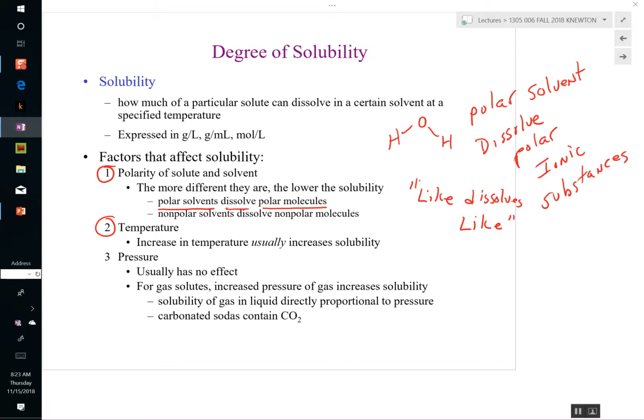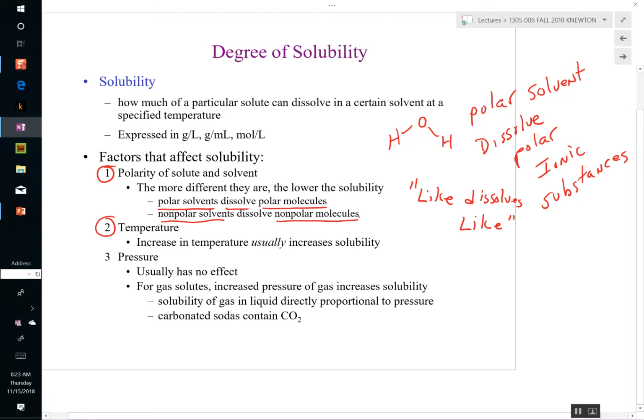Oil and gasoline will mix. Why? They're both non-polar. So that's what I mean by like dissolves like. If it is a non-polar solvent, then it's going to dissolve non-polar substances.